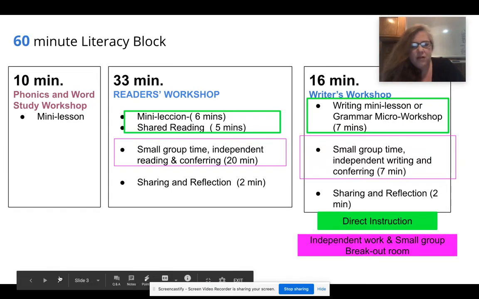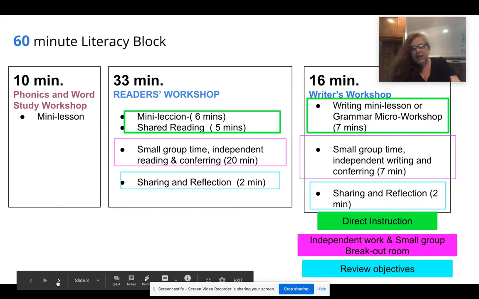And you might possibly do that in a breakout room. And then you have 2 minutes for sharing and reflection. This might be a time where you also review your objectives with students.